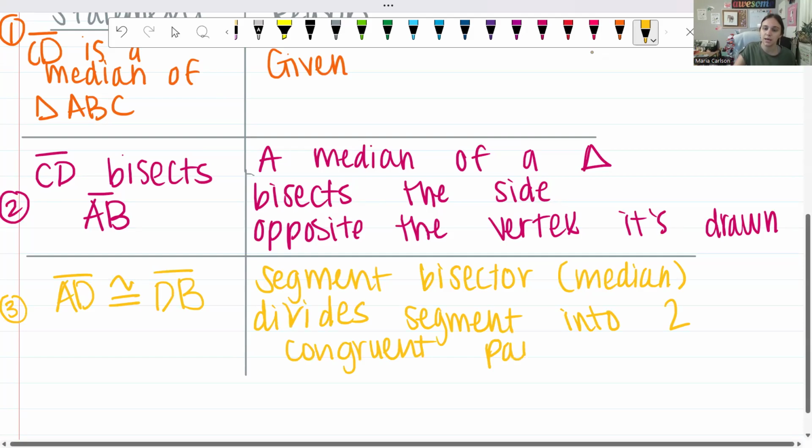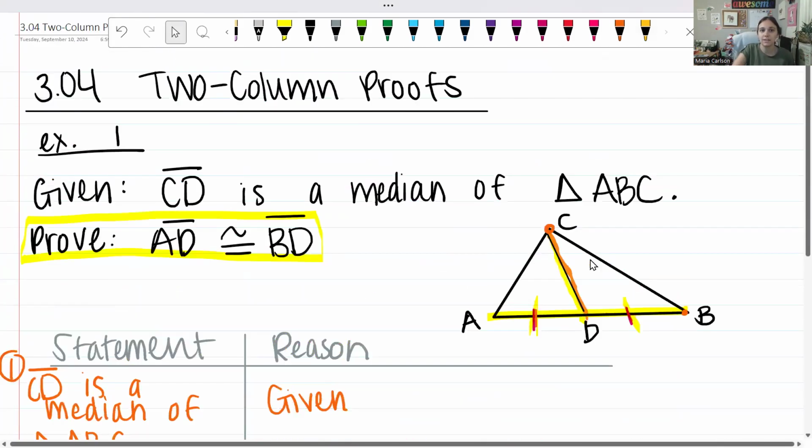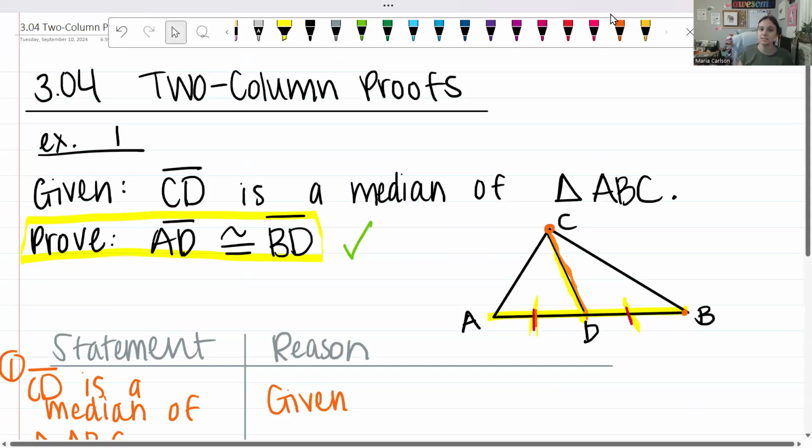So if we have a segment bisector, it's bisecting some other segment, it is now being divided into 2 congruent parts. I'm just referring back to the definition of a bisector. So this is proven. Given CD is a median of triangle ABC, AD is congruent to BD.